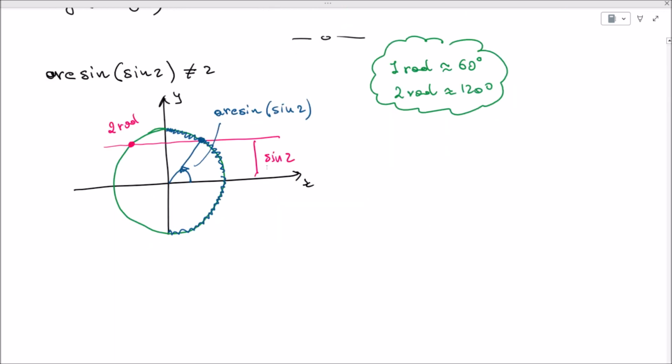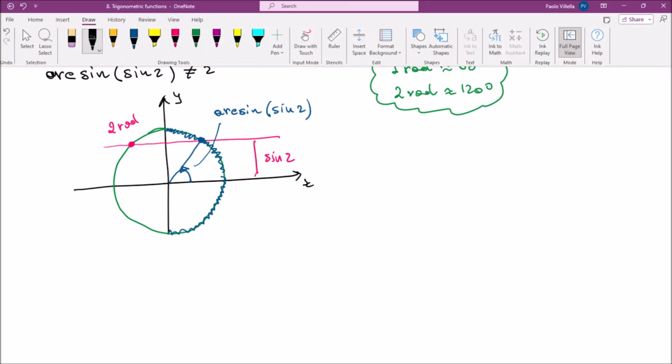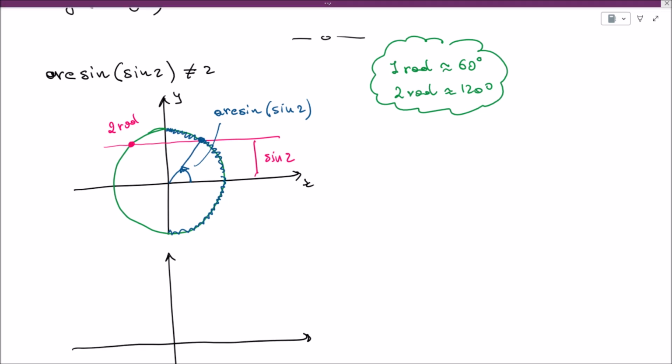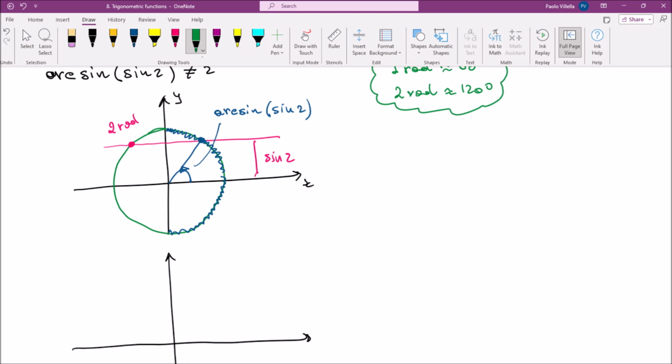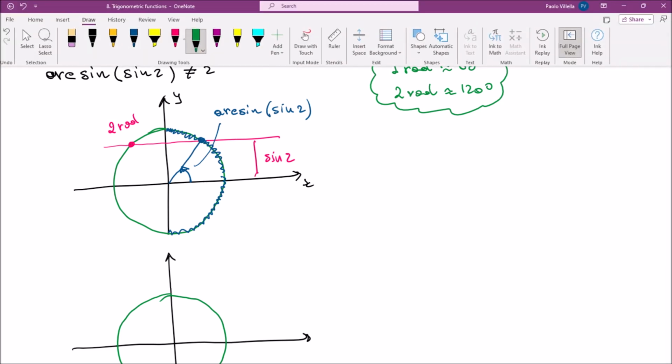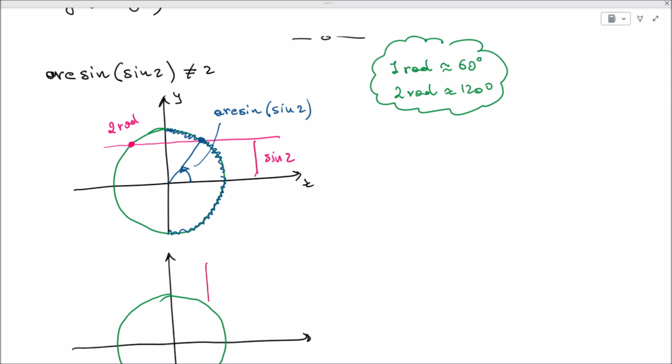Similarly, if we have to solve an equation for the arc cosine, let's say, for example, that we have an equation like arc cosine of some value lambda.